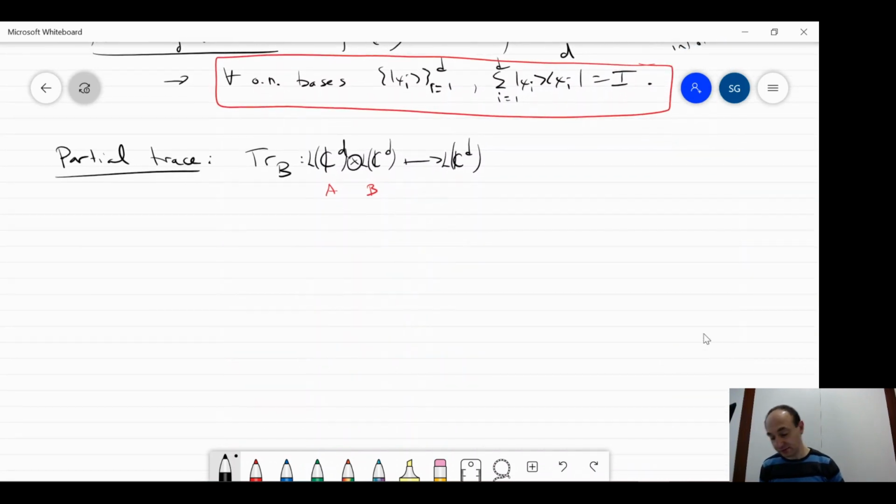So what is the formal definition? The formal definition is this. If I take the partial trace over B of a state rho, and sometimes we'll write rho AB just to be clear that this is a 2-party system, then what we do is the sum over i, with the standard basis up to d, of identity on A tensor the projector onto the ith standard basis vector on B. So I do nothing on the A system, but on the B system I project onto the ith standard basis vector.